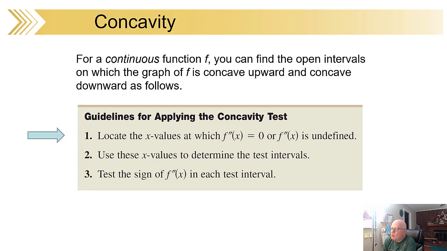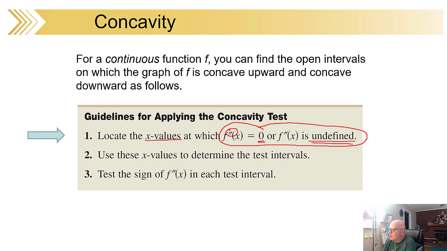So how do you use this? Okay, first, find the x values where you've got a second derivative 0 or undefined. Those are like your critical values were for the first derivative test. Only they're critical values in a different sense because you're talking about the second derivative instead.